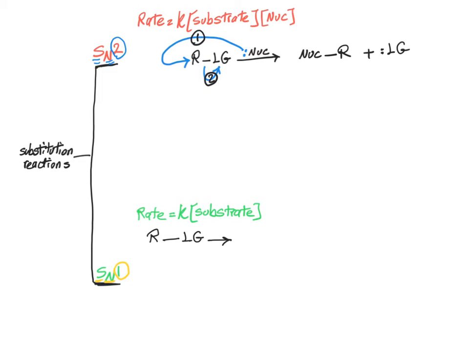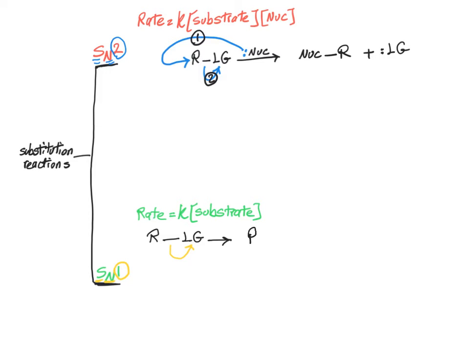SN1 is a stepwise process. In the SN1 mechanism, first the leaving group leaves the substrate. So this arrow means that the bond between substrate and leaving group is breaking. So the leaving group takes both electrons and leaves.